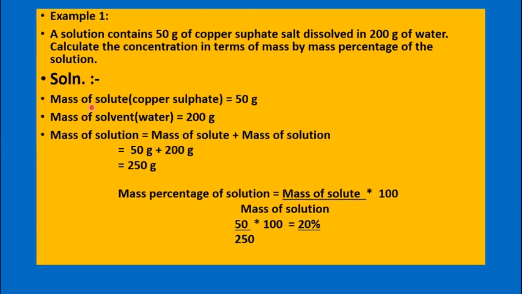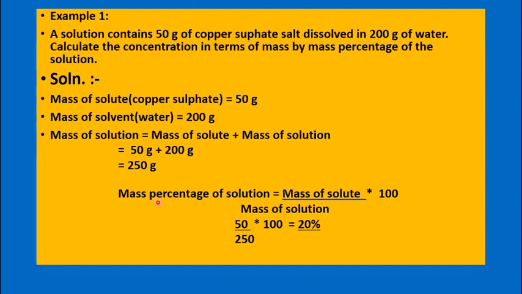From the question, the mass of the solute, that is copper sulfate, is 50 grams. The mass of the solvent, that is water, is 200 grams. Now, what is the mass of the solution? The total mass of the solution is the mass of the solute plus the mass of the solvent. That is 50 grams plus 200 grams, which is equal to 250 grams.